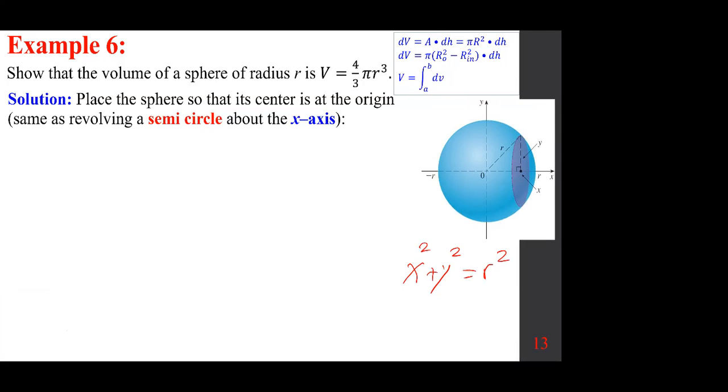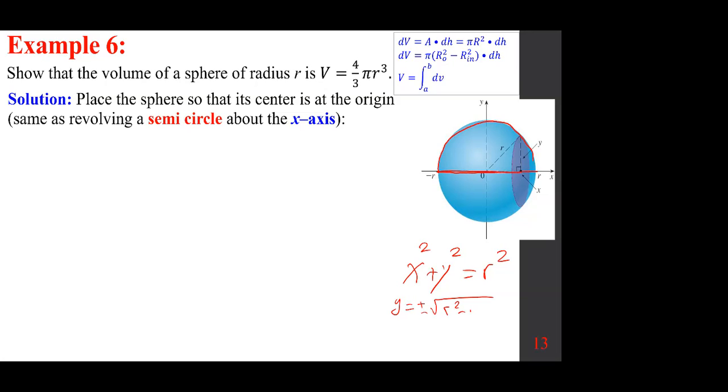And so all we need is this top semicircle. So this top semicircle is the same thing, solve for y and keep the top piece. Remember, y is plus minus the square root of r squared minus x squared.